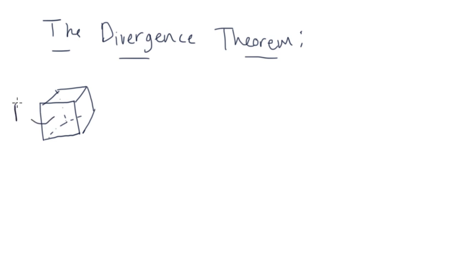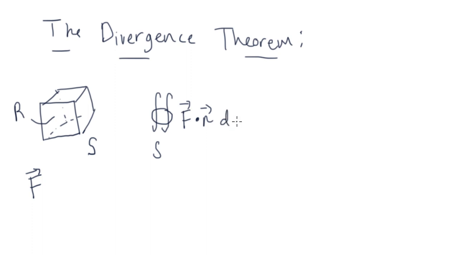So the volume region is R, the surface of the volume region is S. I have a vector field F, and what we're going to say is that the flux out of the surface, so that's F, and then we take the component along the normal direction, over a small surface element, is equal to the divergence added up over the entire volume region.